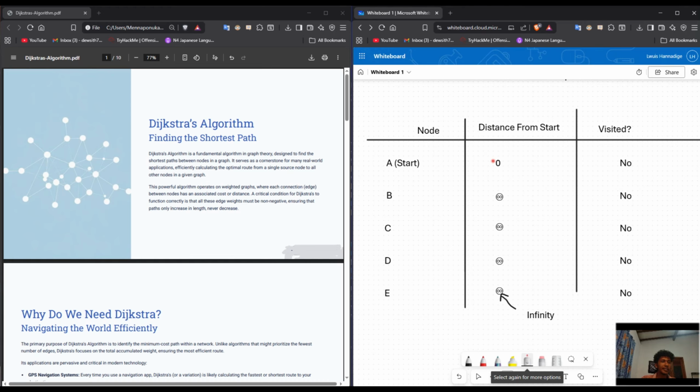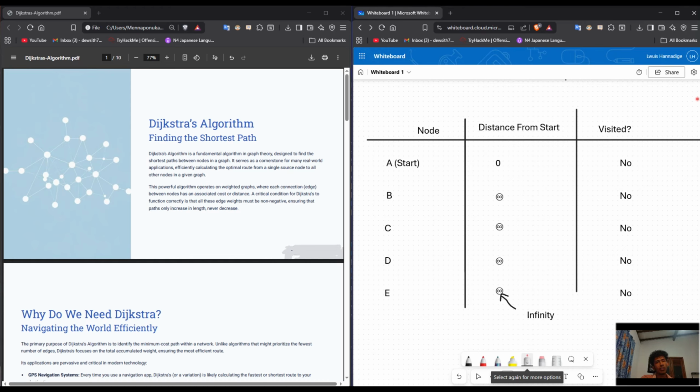Only A is where we are, and that is why the distance from start is 0. Initialization: the start node gets 0, and all the other nodes get infinity, meaning we haven't found a path yet, but we know the paths we should go with around the nodes.